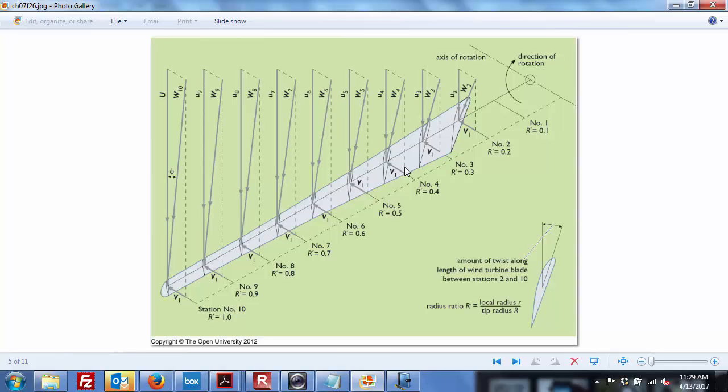So what we're seeing, though, is that at the tip of the blade, the apparent velocity is much greater than at the root. I don't know if you guys ever played vinyl records or whatever. You see the record spin. At the very center, what's the velocity? Well, it's 0. It's not going anywhere, it's just spinning. At the outside, it's got its maximum velocity.